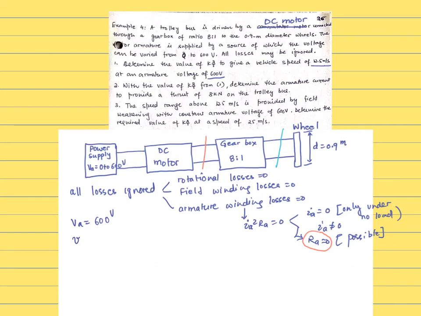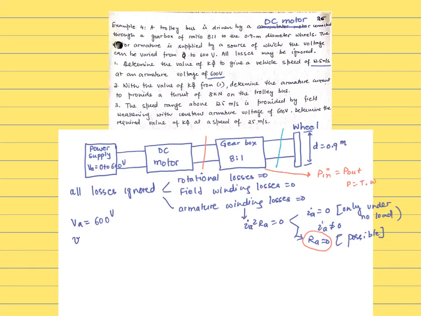Now the gearbox, the role of the gearbox: the power remains constant for the gearbox only, I'm saying. That means on its left hand side, on its right hand side, it does not contribute any power, it does not take any power. So power is T times omega.